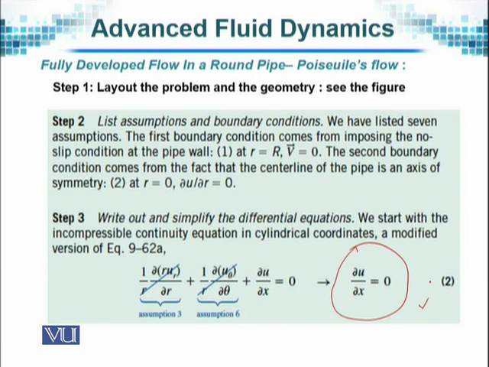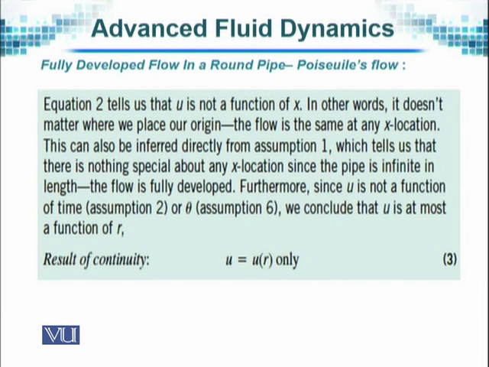And this is what we have to solve. We call it equation 2. Since u is varying only with respect to r, and there is no variation with respect to theta and x, u will be only u of r.